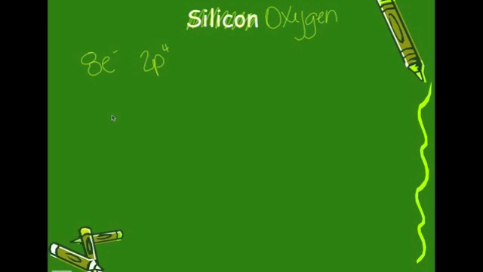So let's do the orbital notation first. So you start with 1s, then 2s, and then 2p, and that's as far as we have to go. So you start filling in 1, 2, 3, 4, and then we only need to do 4 in this 2p, so 1, 2, 3, 4.